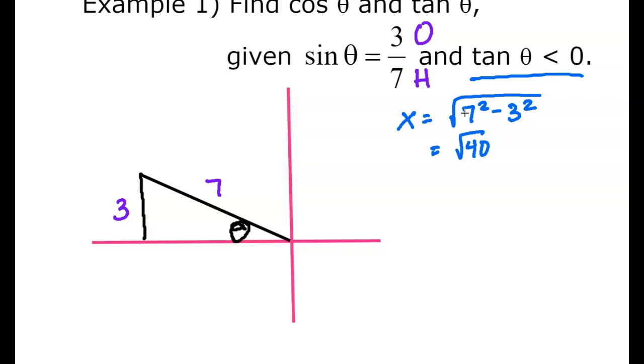Right, 4. I was about to say the perfect square that goes into 40 is 4. So you pull the square root of 4 out, and you still have times the square root of 10. The square root of 4 is 2. So you're left with 2 times square root of 10. If that confused you, it's fine.